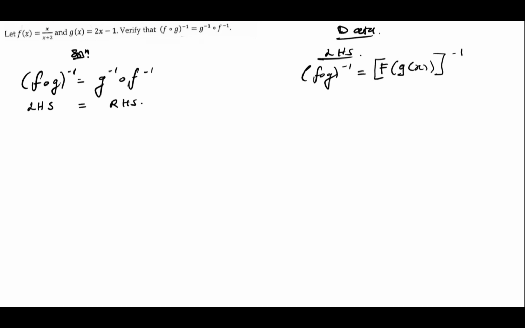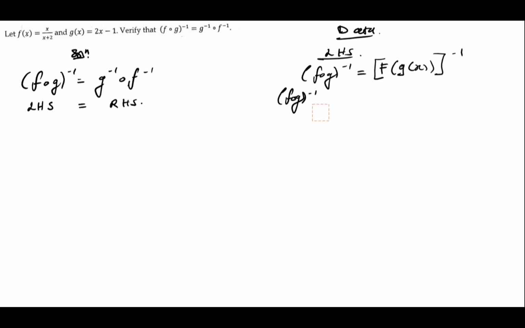This means that in the f function, wherever there's x, plug in the input of the g function. So f of g inverse will have to be solved by first finding f of g, the fog function. That's what we're going to do first.